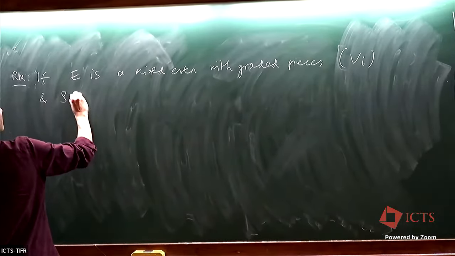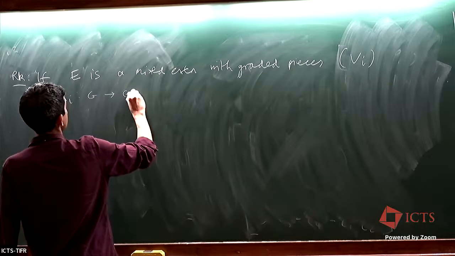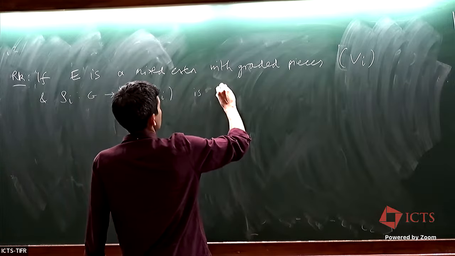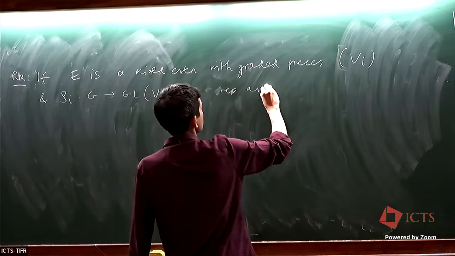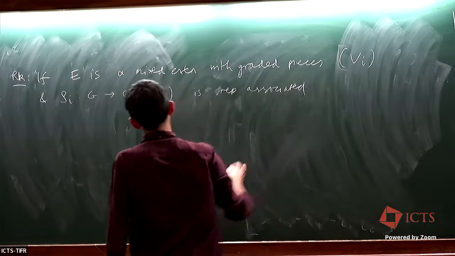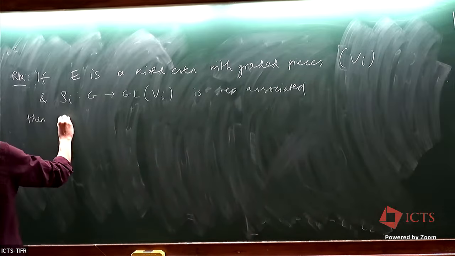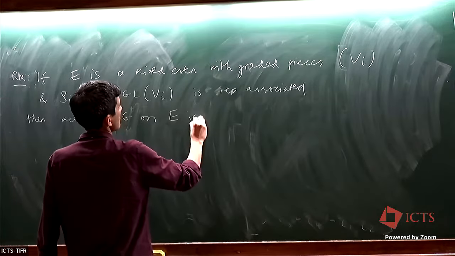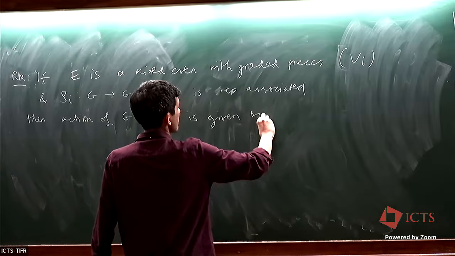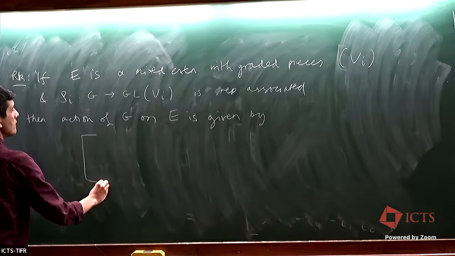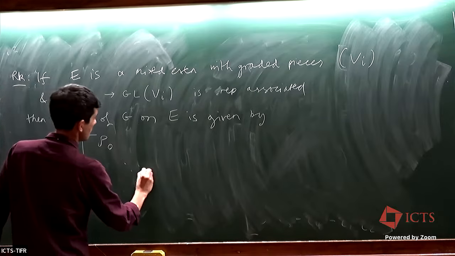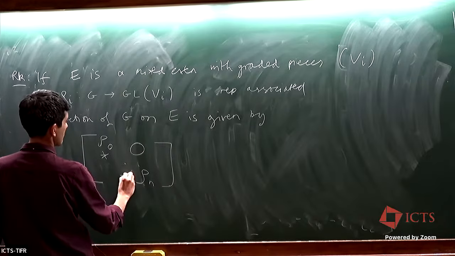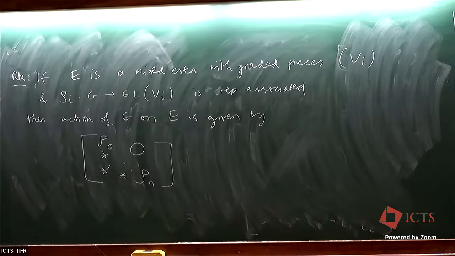And let's say that rho_i from G to V_i is the representation associated. Then we can describe the action of G on E. Really, this is all just some language for saying that the matrix of G acting on E is of this form. That's what we're doing.